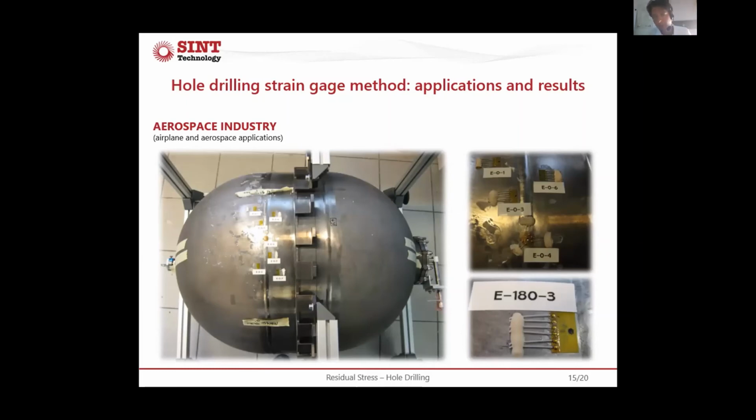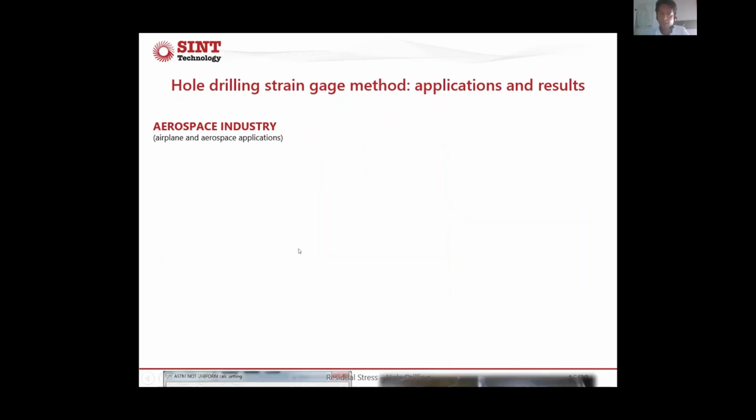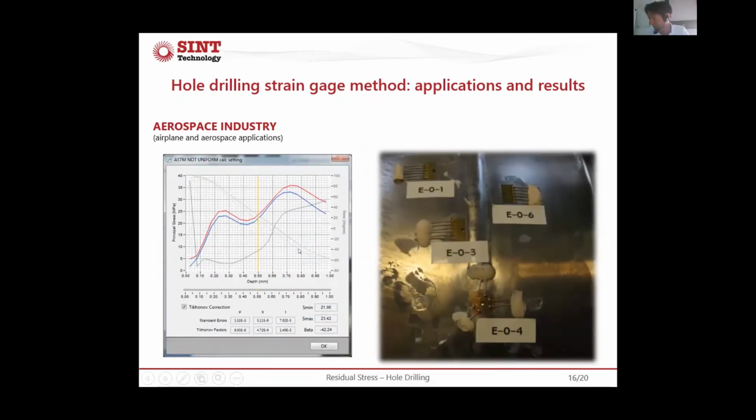This is a titanium fuel tank, for example, very nice application where we had to measure the residual stresses in the welding area. So it's a very crucial area where usually the residual stresses are very high because there is a welding, as you know, but of course, there are also some suggestions to reduce the residual stresses a lot with some stress relieving process.